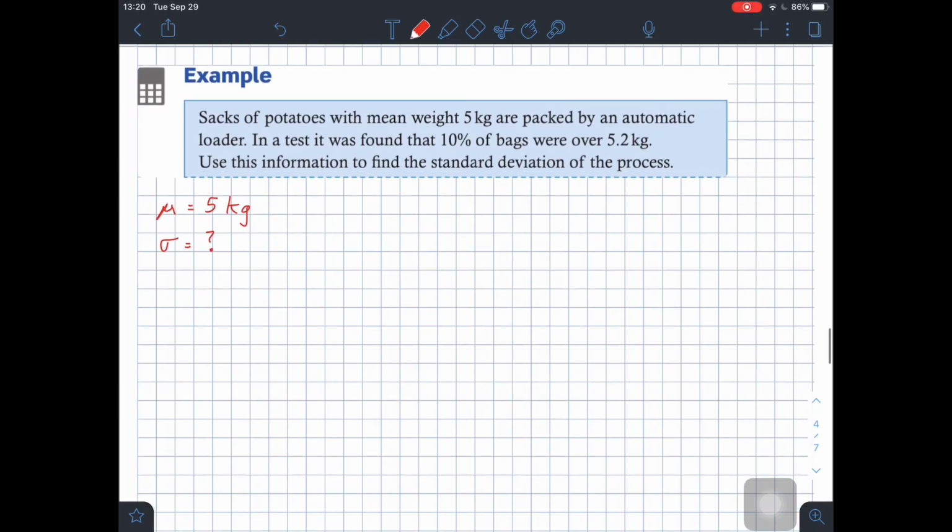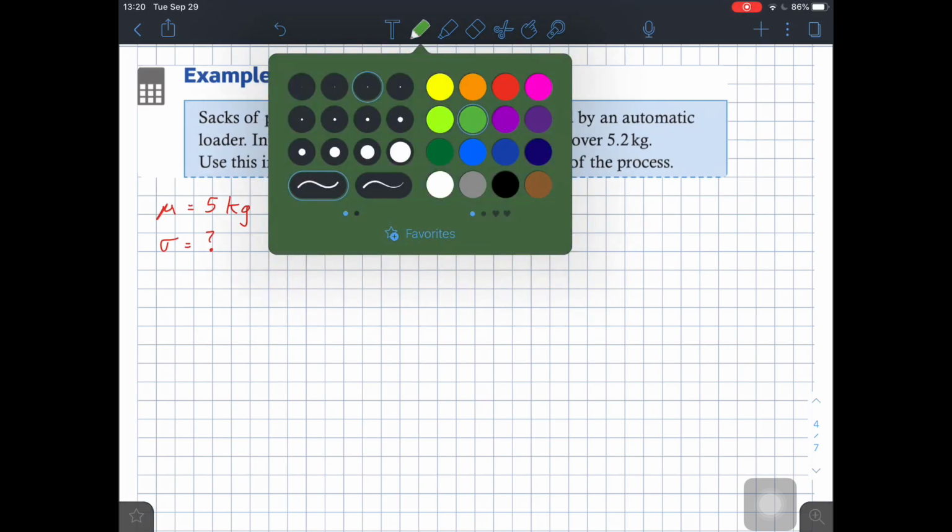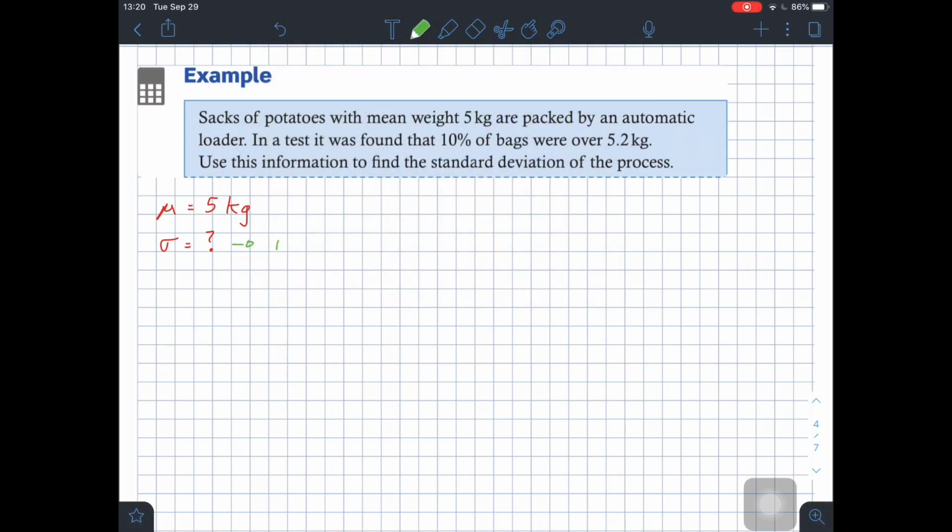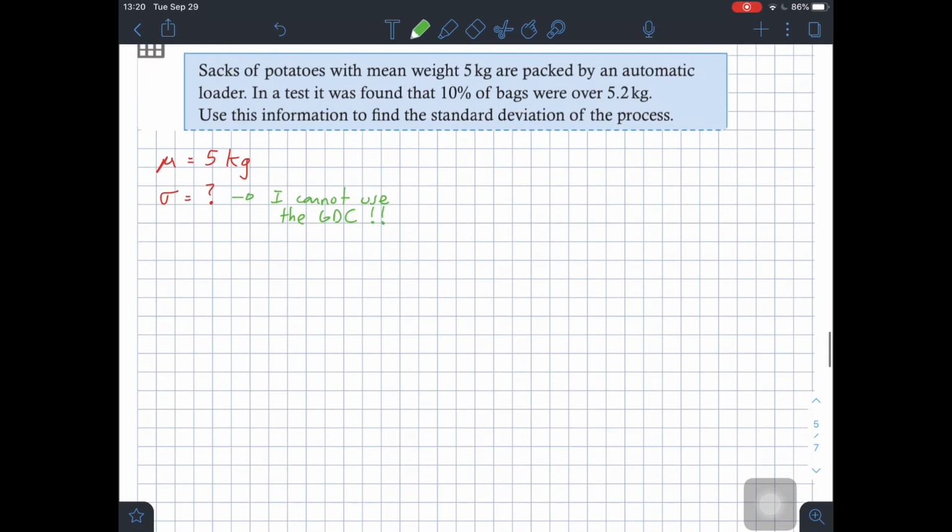Let me write that here. I cannot use the GDC in this case because I do not have this information. So how should I solve this? Let's make a sketch of the problem first to understand what's happening.